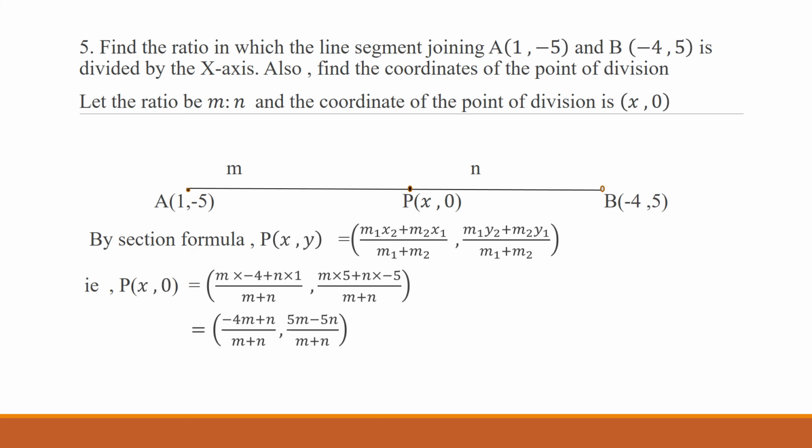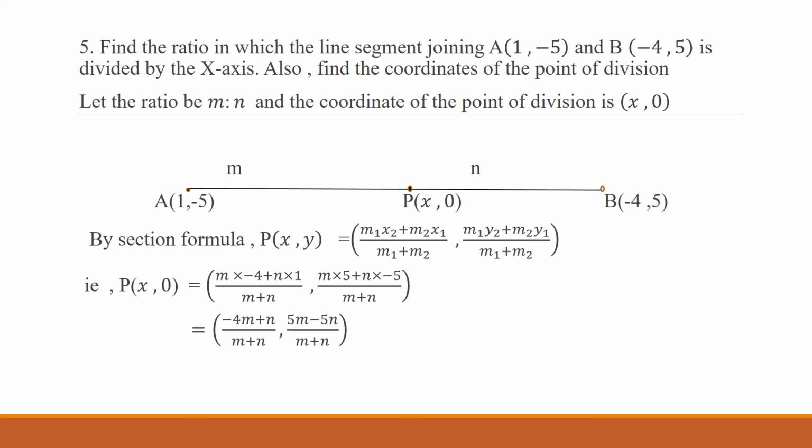Applying the section formula, we can see P(x, 0) is equal to (m into -4 plus n into 1) by (m plus n) and (m into 5 plus n into -5) by (m plus n). Here the x coordinate of P is not known and y coordinate of P is 0. So, instead of equating the x coordinates, we are going to equate the y coordinates.